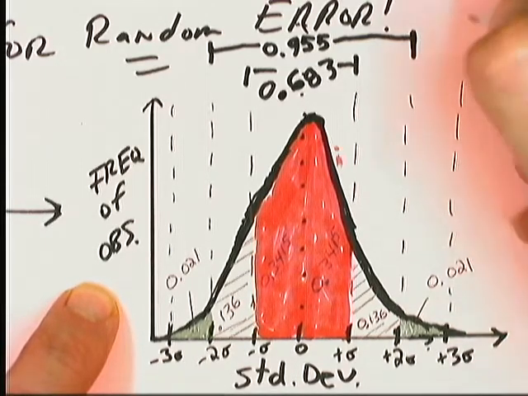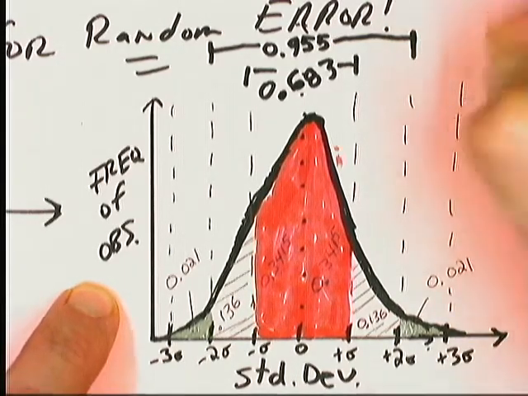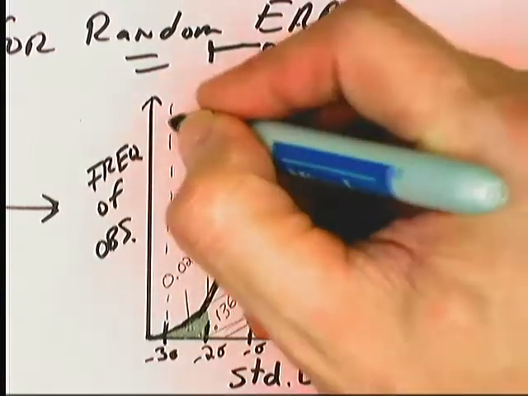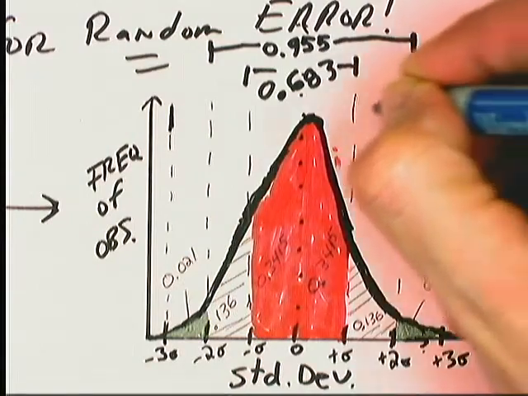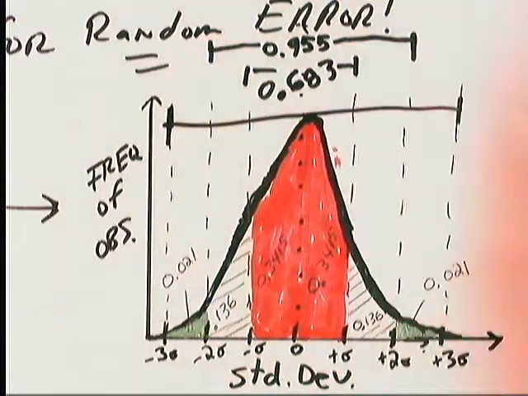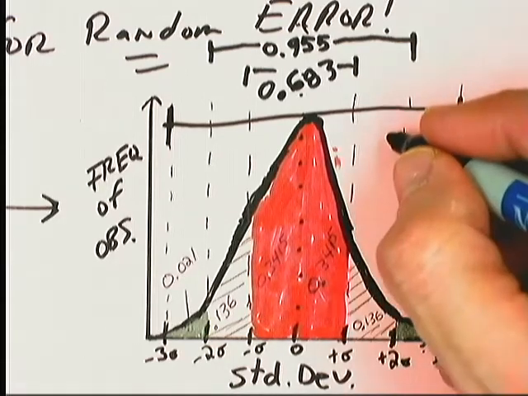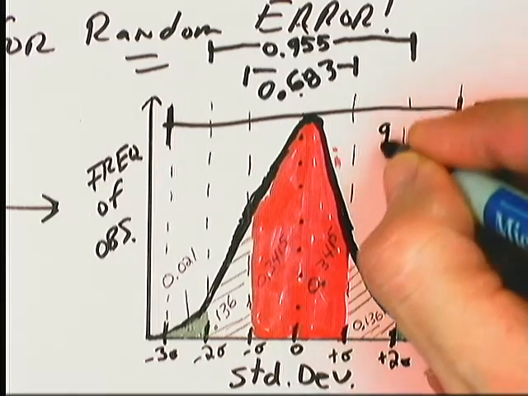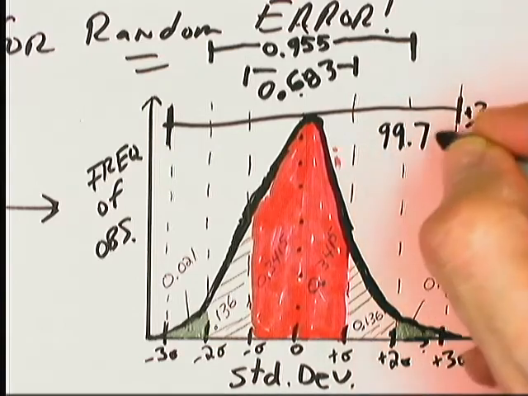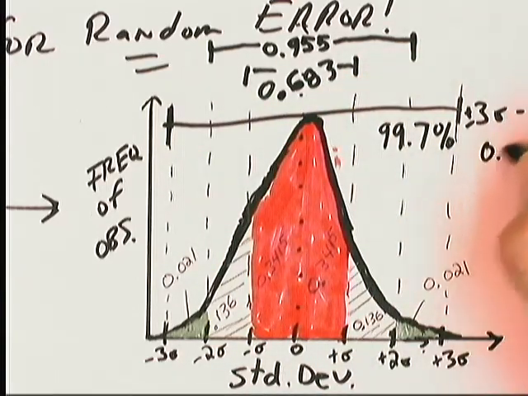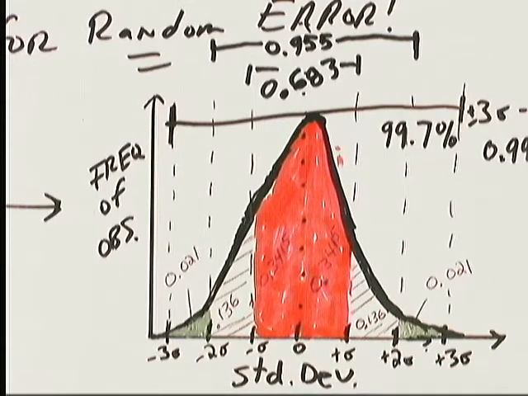So if I extend my range all the way out, that broad range of the 3 sigma plus or minus, guess what? 99.7% of all data, or its fractional amount 0.997, will lie in that plus or minus 3 sigma range.